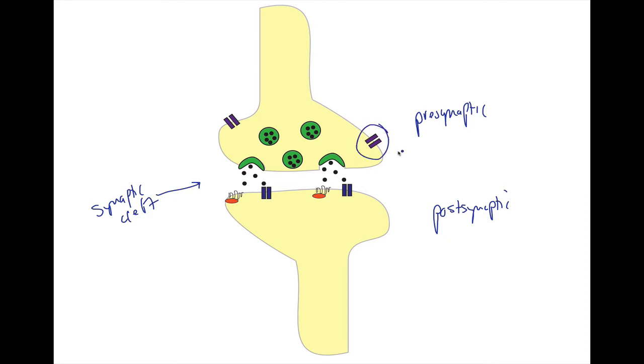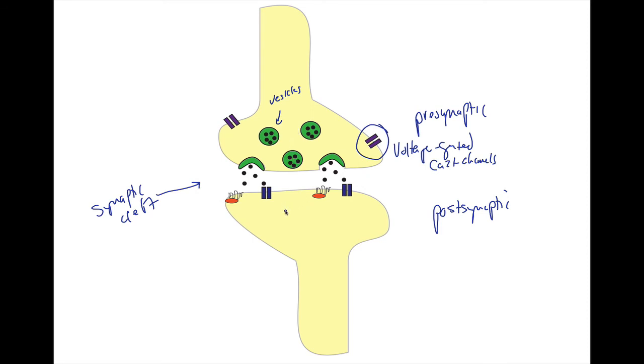We have the voltage-gated calcium channels. These are ion channels that are permeable to calcium and open in response to changes in membrane potential. And here we have synaptic vesicles, which are little bundles of neurotransmitter that are stored up in the presynaptic neuron.